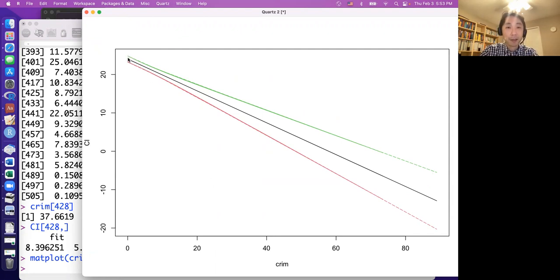Maybe the first band is here, and the second band is here, and the third band is here. So it just connects this point, this point, this point, and so on, in a random order. So that's why we have many duplications here.